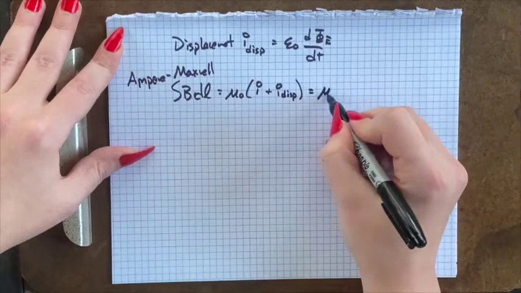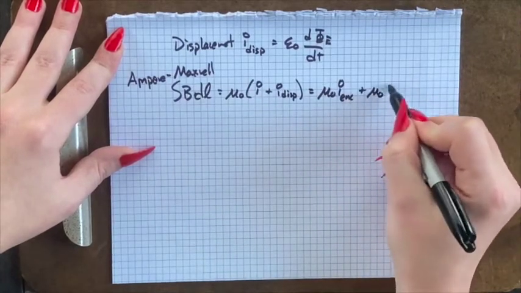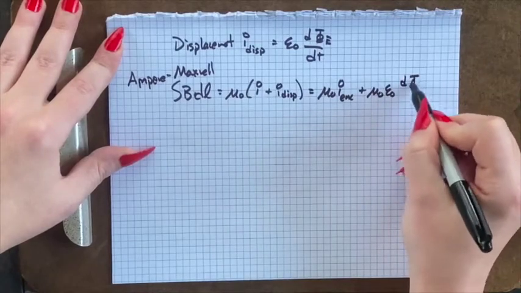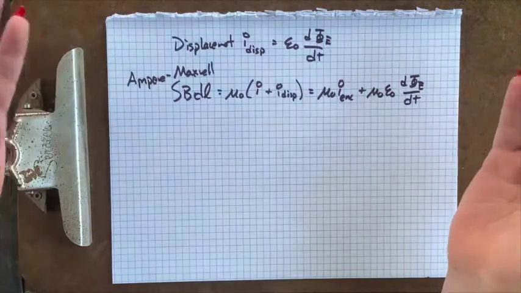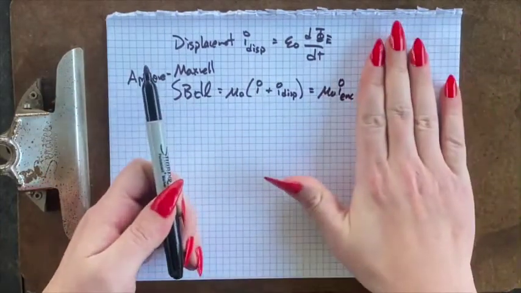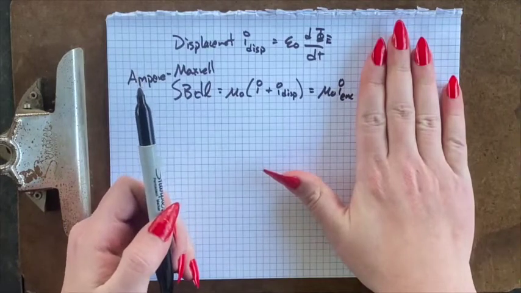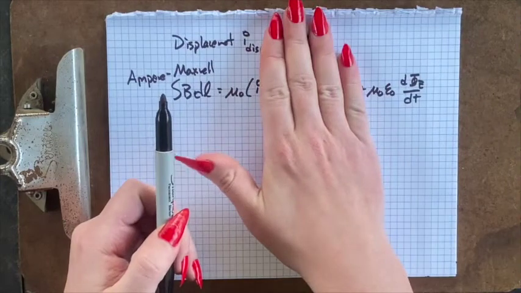So that relates to μ0 I enclosed plus μ0 ε0 dΦ/dt. If you're in a region like with a regular wire that doesn't have this, then it's just gone. This is the Ampere's law you're familiar with. If you're in between the two plates, you just have that.